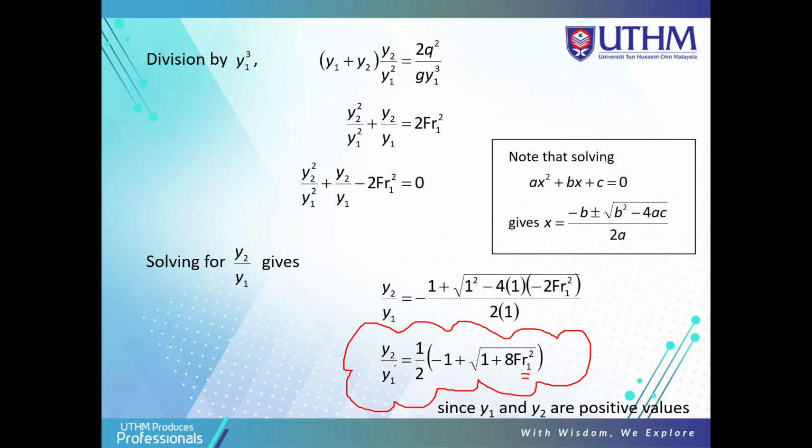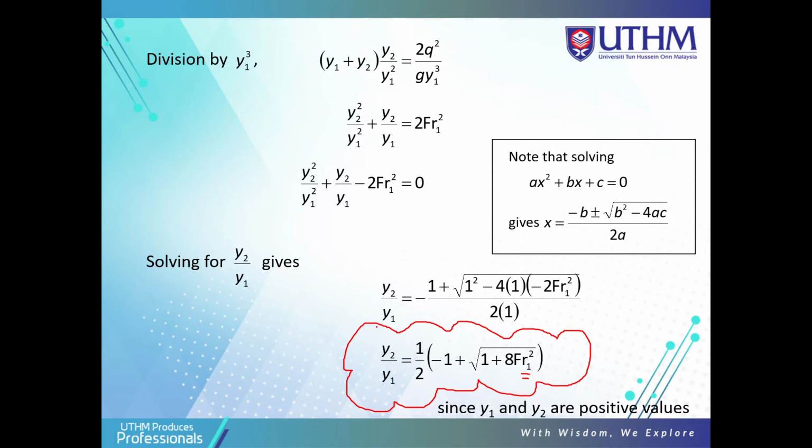If y1 is here and y2 is here, the Froude number is 2 here. So for y2 over y1, the Froude number is Froude number 1. Since y1 and y2 are positive values, we use this equation. No need to worry about the above equation here.